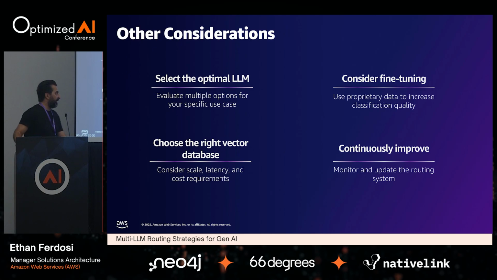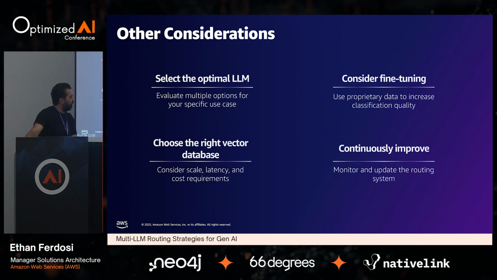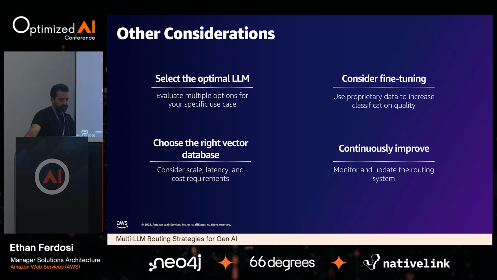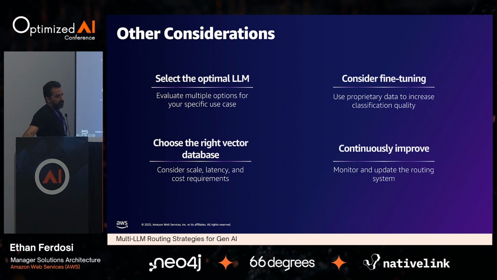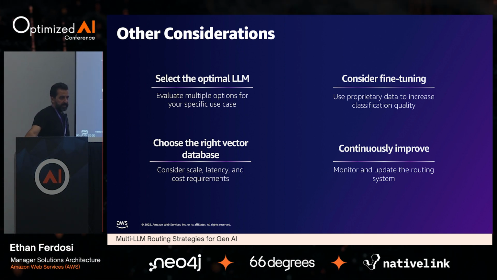So on top of these three methods that I mentioned, for any form of generative AI, multi-LLM applications that you want to build, there are different considerations that you have to take into account. First of all, you have to constantly improve and optimize your routing layer because the requirements change, your prompts change, your users might use different prompts, different wording.